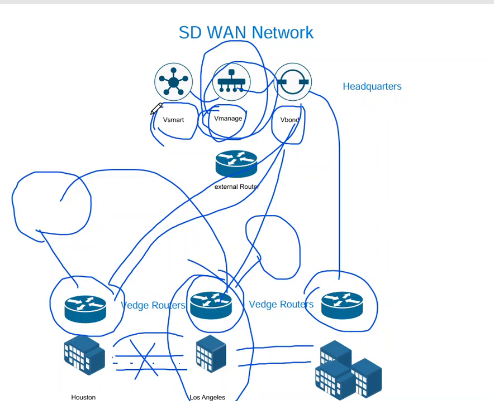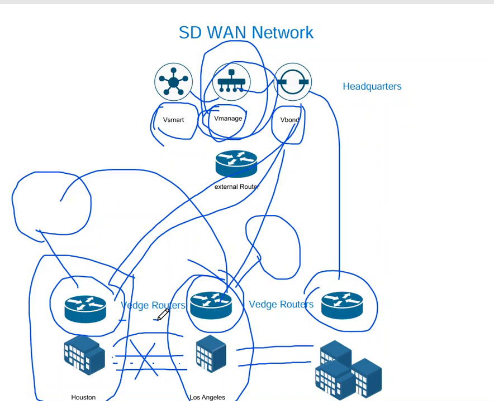How does every remote office, for example, Houston, Los Angeles, and a third location, communicate with the outside world? Well, they communicate via devices that we call routers. In this case, they're called vEdge routers. It stands for virtual edge routers because they stand at the very edge of the topology of the remote site.